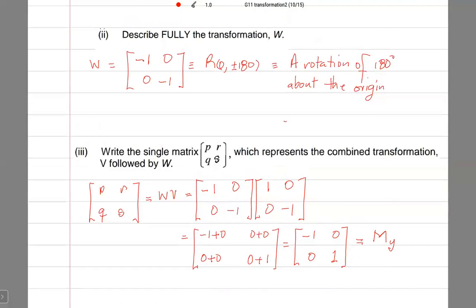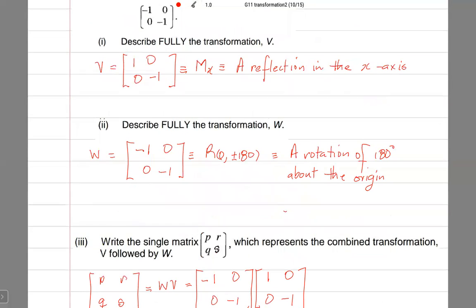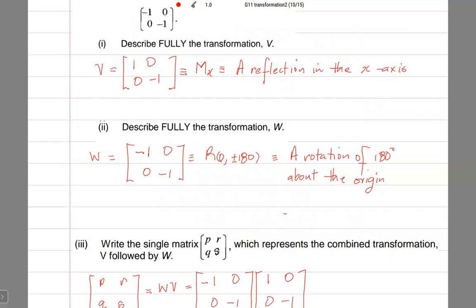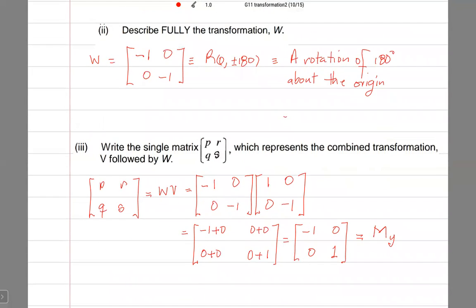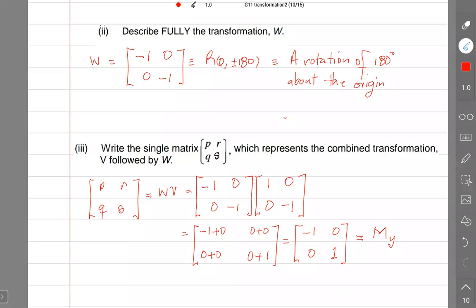So the two transformations above, which are a reflection in the x-axis followed by a rotation of 180 degrees about the origin, those two transformations can be replaced by a reflection in the y-axis. All right. So let's turn the page.